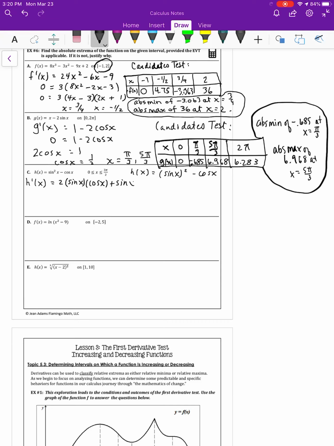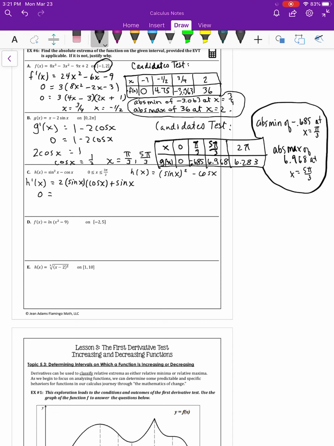And then minus the derivative of cosine is negative sine, so that's going to be a positive sine. So we got 2 sine x cosine x plus sine x.